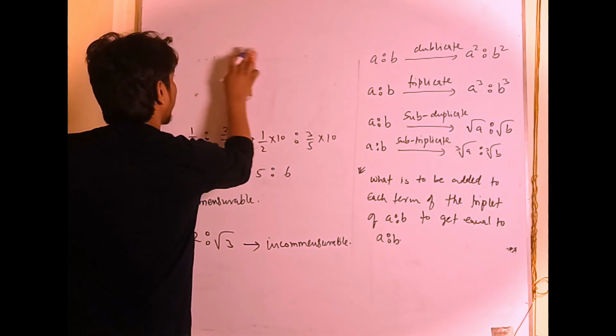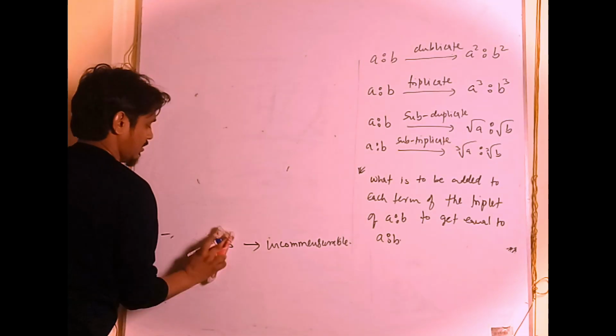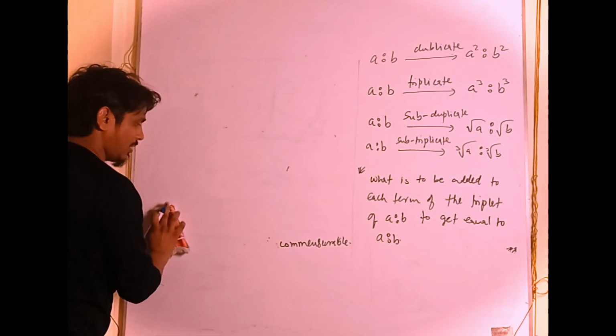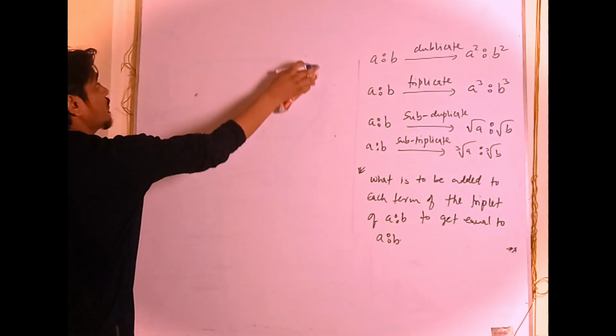We just have to take the cube of both antecedent and consequent. So try to solve this. If you are getting the answer, that's very fine. Otherwise, you can just follow the solution over here.